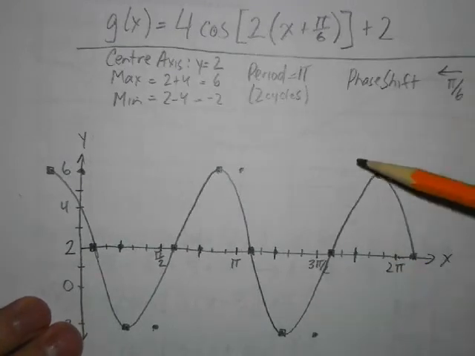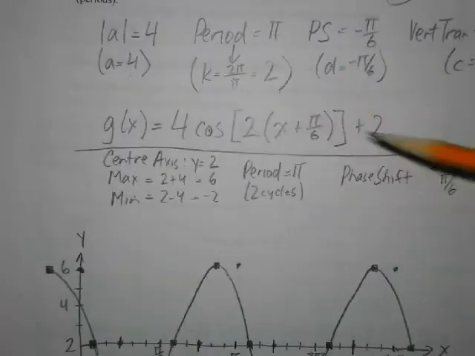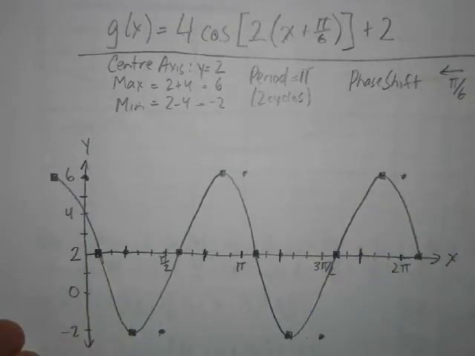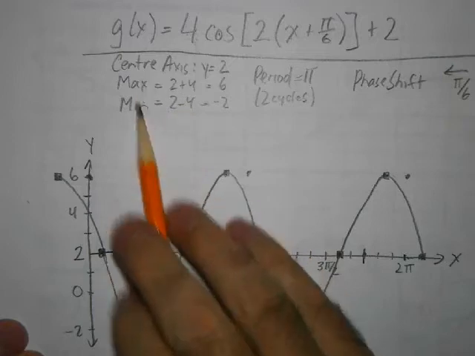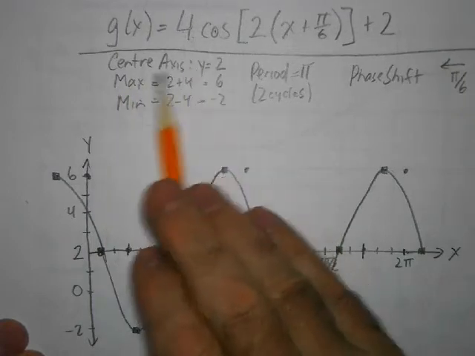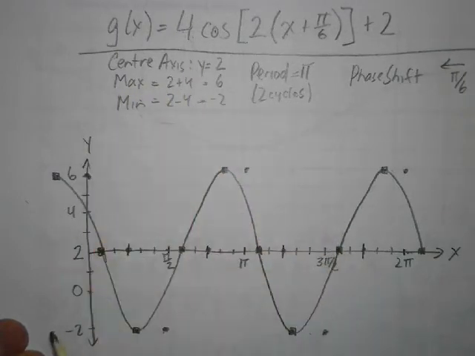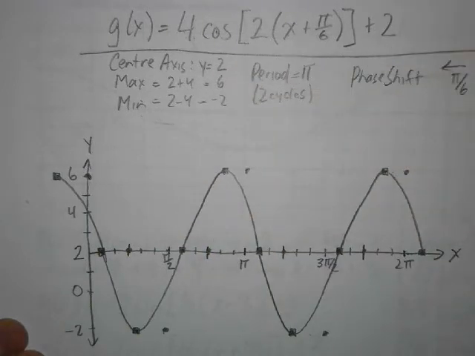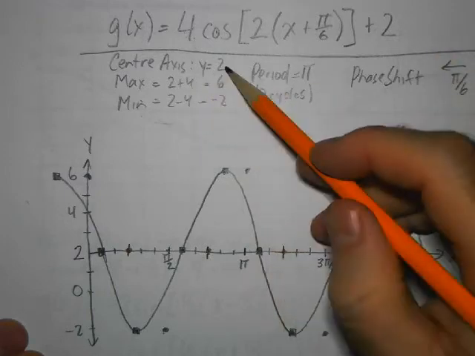Okay, well, we're going to use the period from before. That's probably the only thing. Okay, so when I'm graphing this now, the first thing I'm going to do, I love to do the vertical scale first and then the horizontal scale. So the vertical scale, the middle of that's going to be 2. So the center axis is y equals 2.